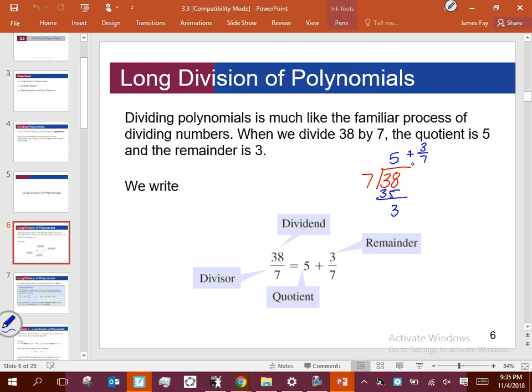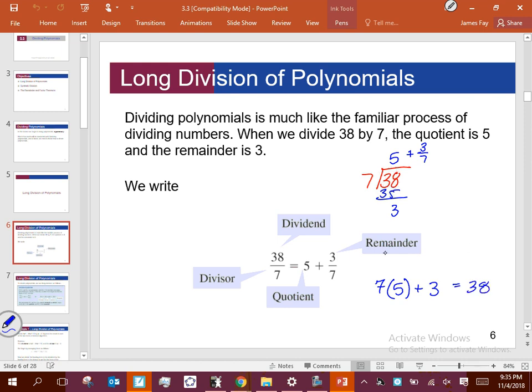Why do we like writing it this way? Because we're going to see in a moment an idea that says that if I take my quotient of 5, multiply it by my divisor of 7, and then add to it my remainder, I should get back to 38.